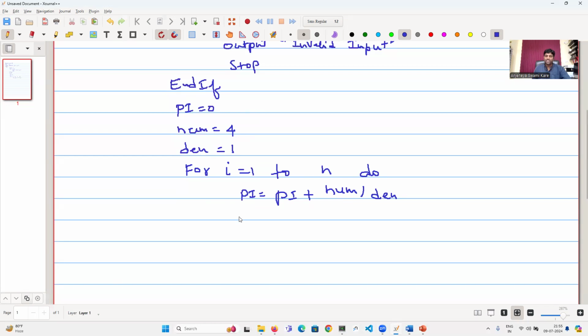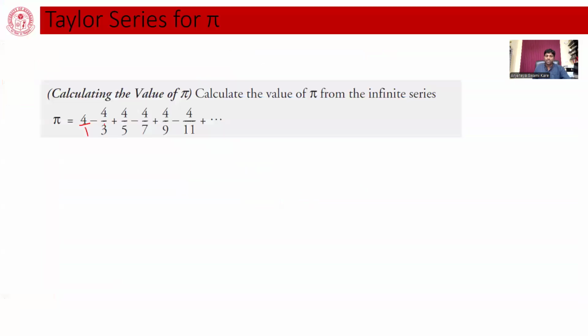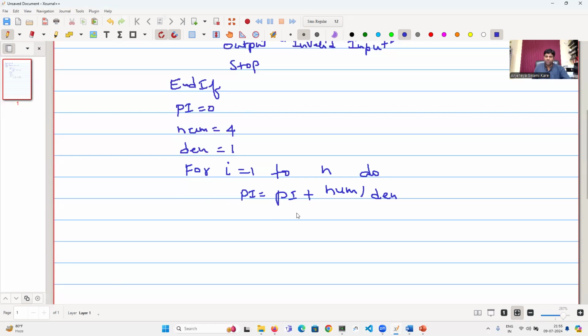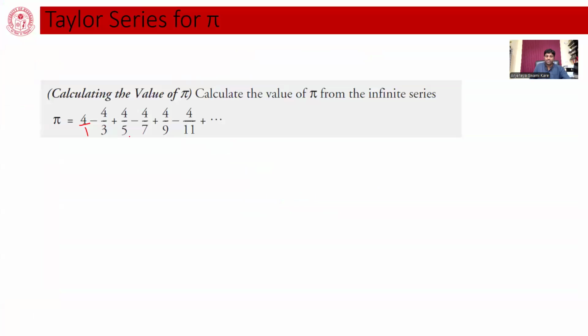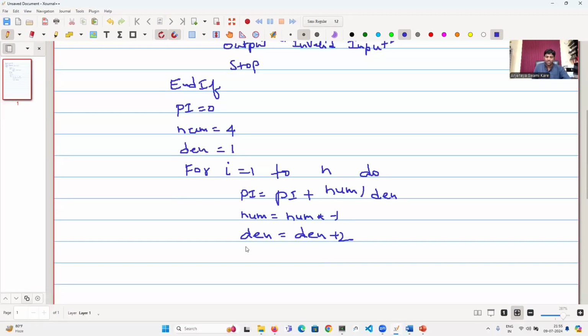For the next iteration, the numerator is multiplied by minus 1: numerator equals numerator times minus 1. It will be minus 4, and for the next iteration, minus 4 into minus 1 is plus 4. The sign alternates. Then the denominator is equal to denominator plus 2: for the next iteration it will be 3, and then 5. End for.